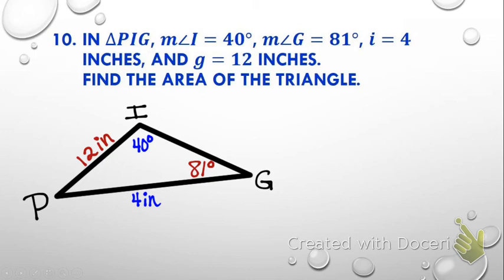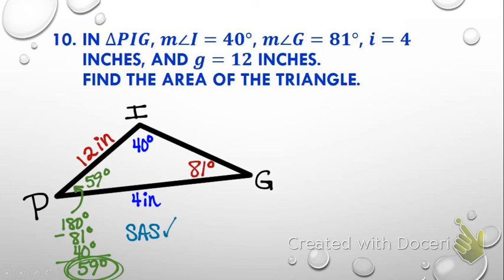So let's get it. How do I get the angle in between? Subtract from 180. So I'm going to subtract 81 degrees, and I'm going to subtract 40 degrees. And we get what? 59 degrees. Now do I have side angle side? So now I can use that area formula.